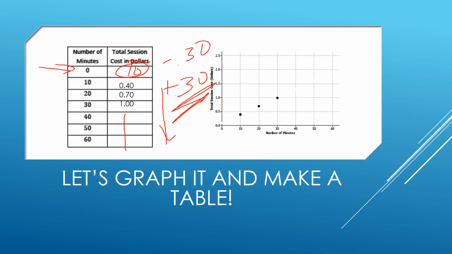Then how is she getting charged 10 cents for 0 minutes? This is something I want you to think about and come with an answer during class. How is she getting charged 10 cents for 0 minutes?